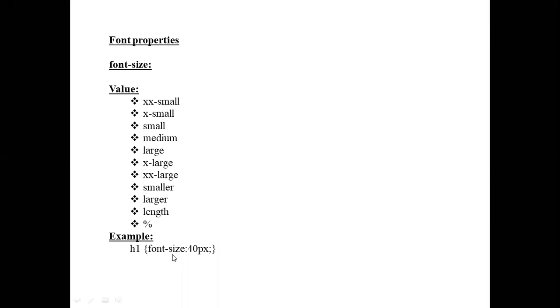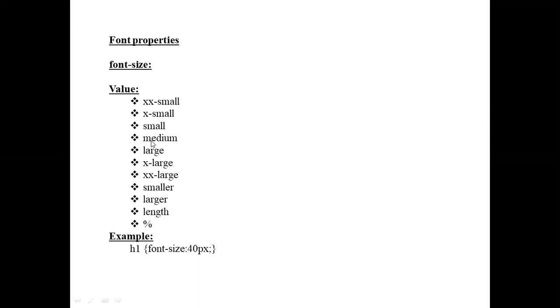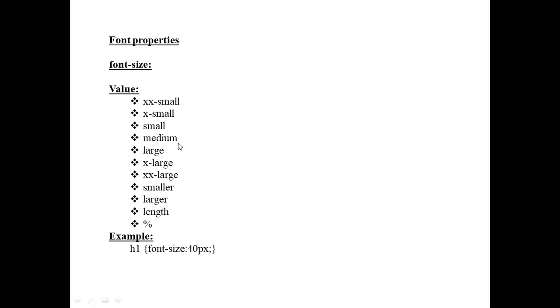Next, X small sets the font size to extra small size. Small sets the font size to small size. Next, medium sets the font size to medium size. This is default. Medium size is the default.